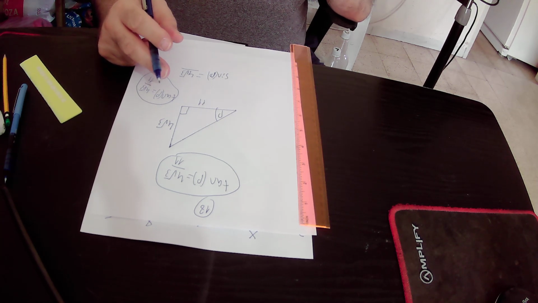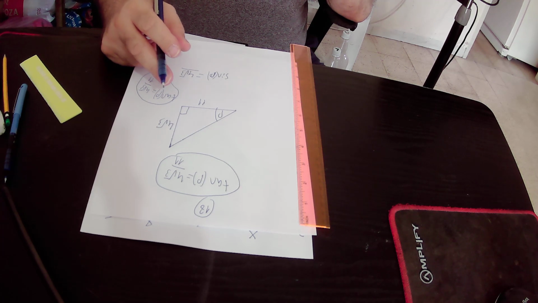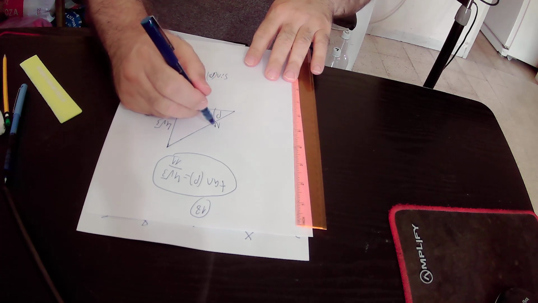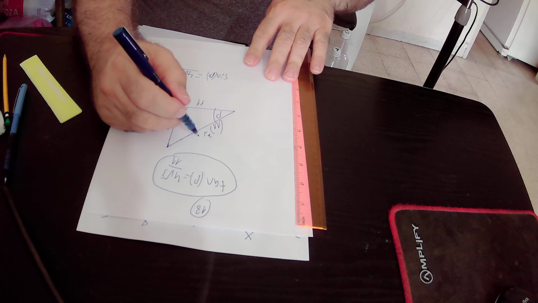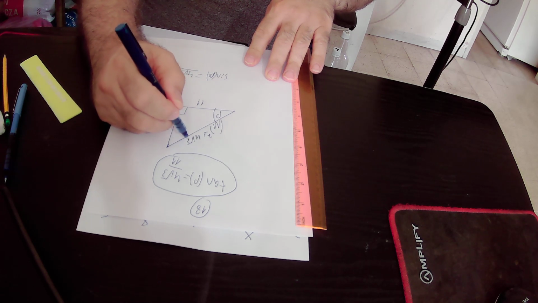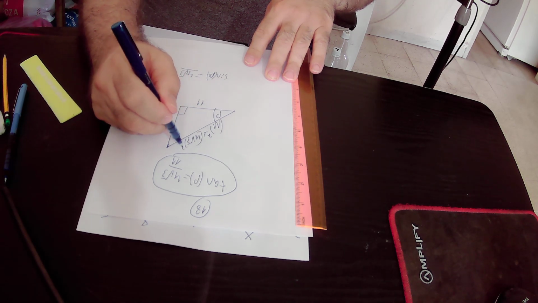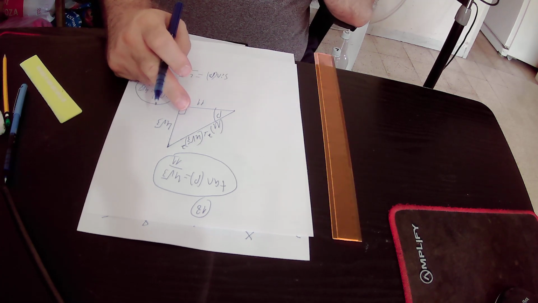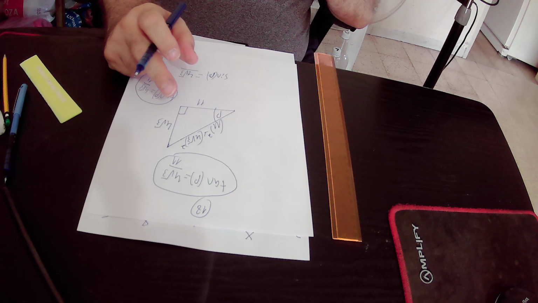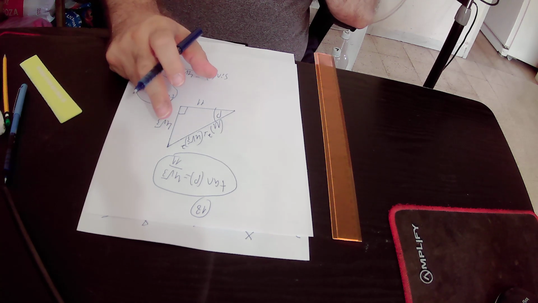According to the Pythagorean theorem, the square of the hypotenuse equals the sum of the squares of the perpendiculars, which is 11 squared plus 4 times root 3 squared.